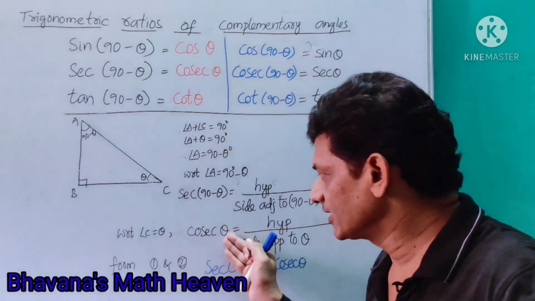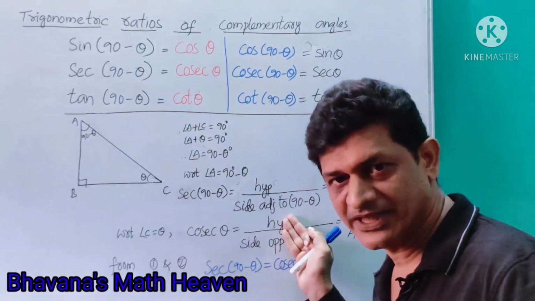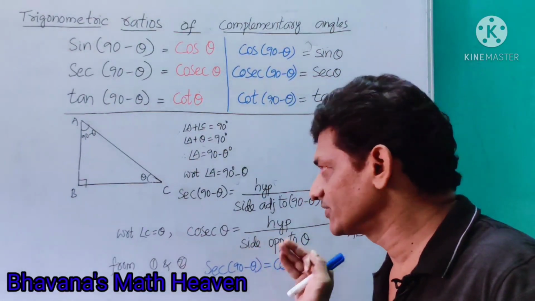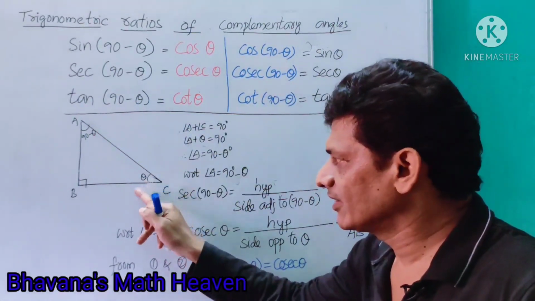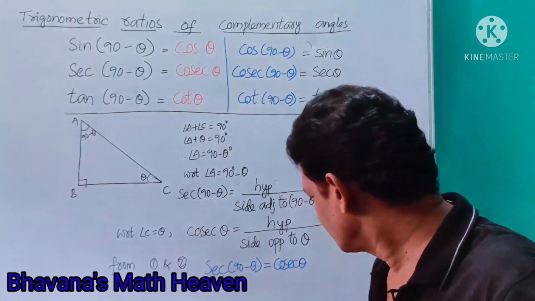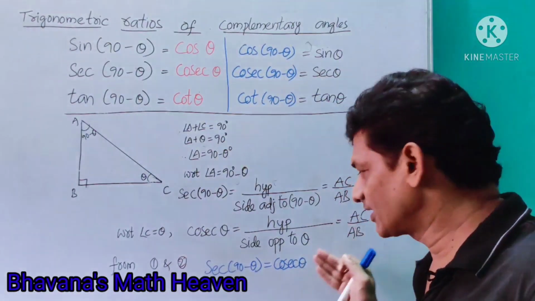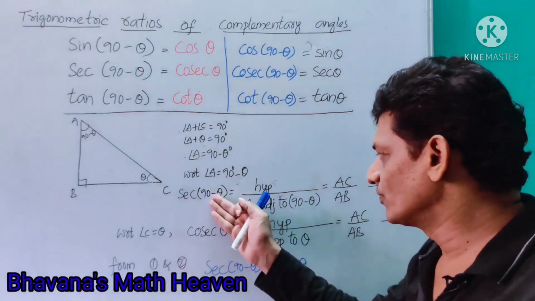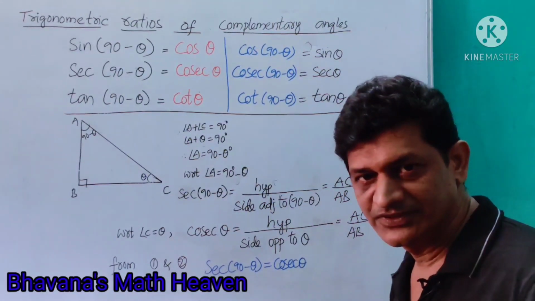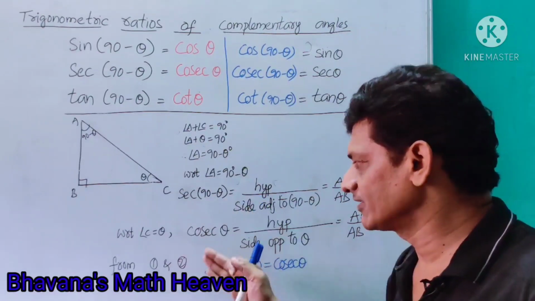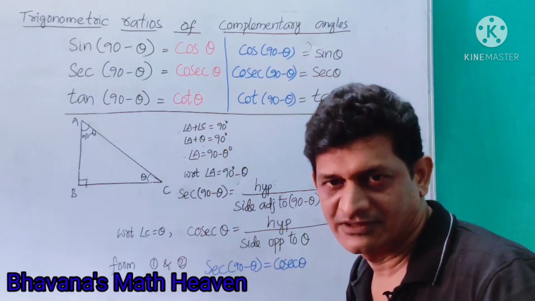Now cosecant theta with respect to theta, cosecant is hypotenuse by side opposite to theta. Hypotenuse is AC and opposite to theta is AB. So it also becomes AC by AB. So from 1 and 2 clearly we can observe that both ratios are same, AC by AB, AC by AB. So that's why we can conclude that secant of 90 minus theta equals cosecant theta.